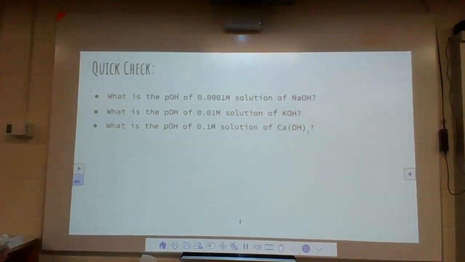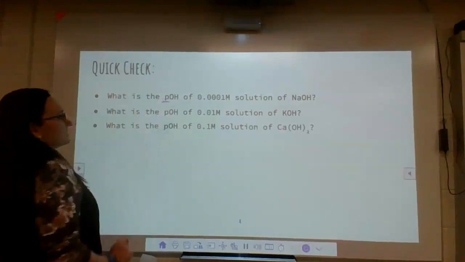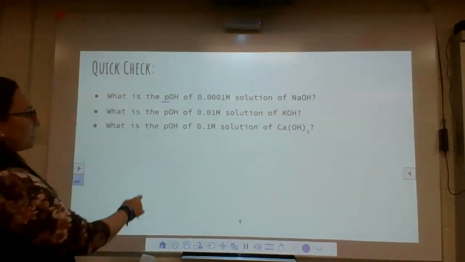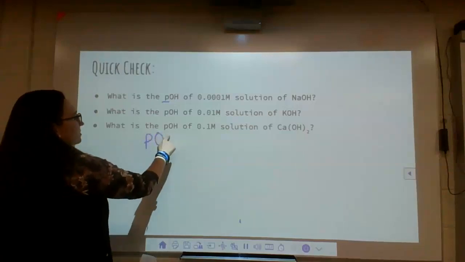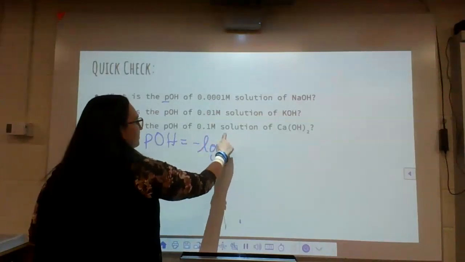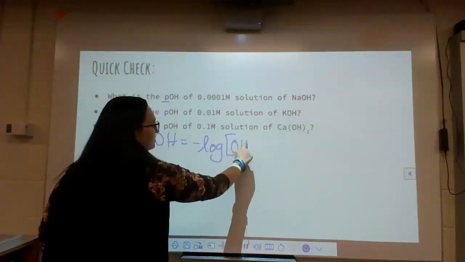So here's our quick check. What is the pOH? Remembering that P just means we take the negative log of the thing that it's next to. So pOH is equal to the negative log of the hydroxide ion concentration.